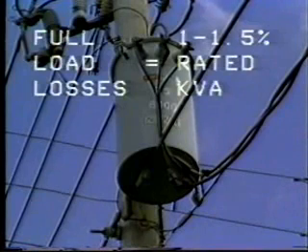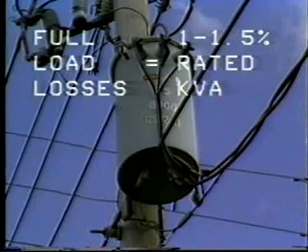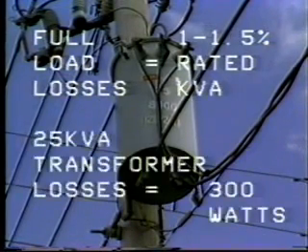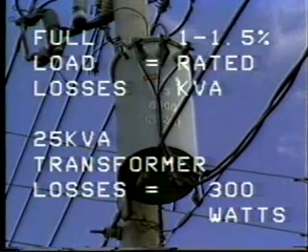Typically, the value of load losses at full load may be as high as 1 to 1.5% of the rated kVA. For a 25 kVA transformer, this amounts to about 300 watts loss.